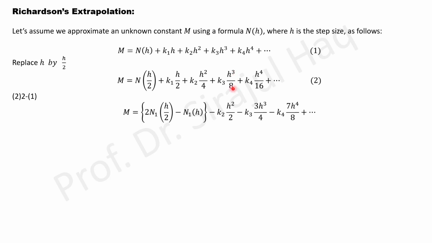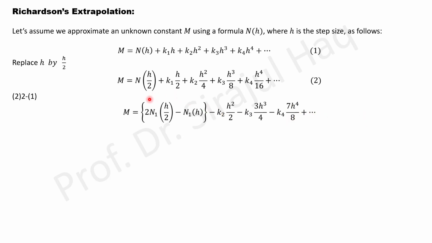So you will have 1 divided by 4 minus 1, which is minus 3 divided by 4, which you can see over here. And similarly, if you multiply this with 2, this will become k4h4 divided by 8. So 1 over 8 minus 1 is minus 7 divided by 8, and so on.